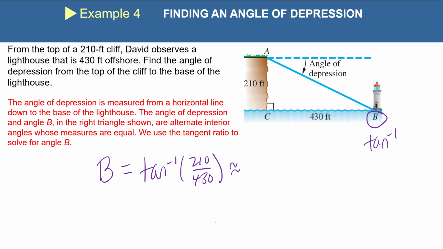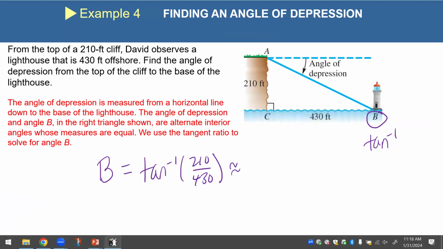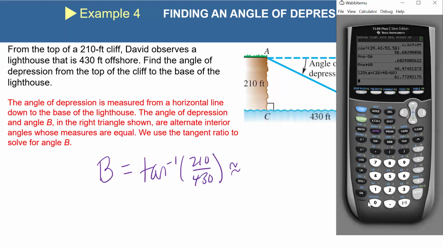Okay, so we go to our calculator. Perfect. So second, tan, 210. I'm just going to write 21 divided by 43 because that extra zero is going to make it.